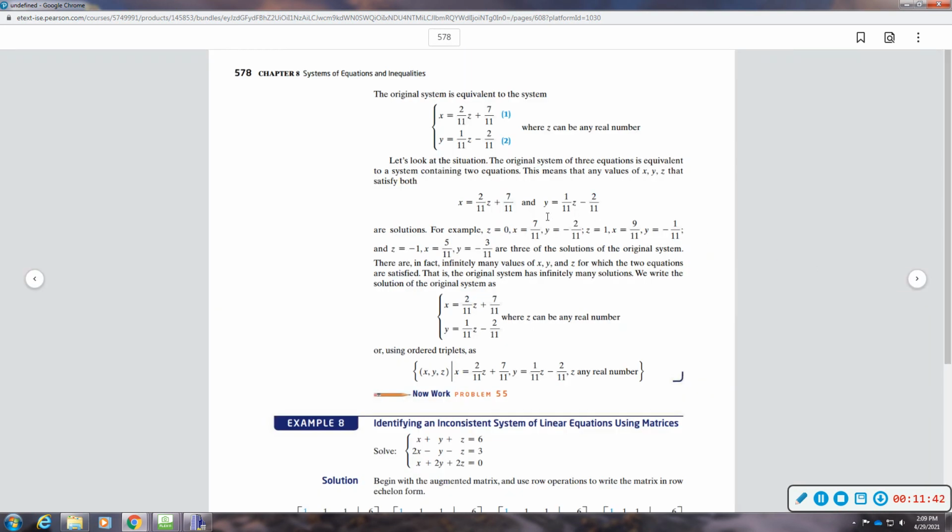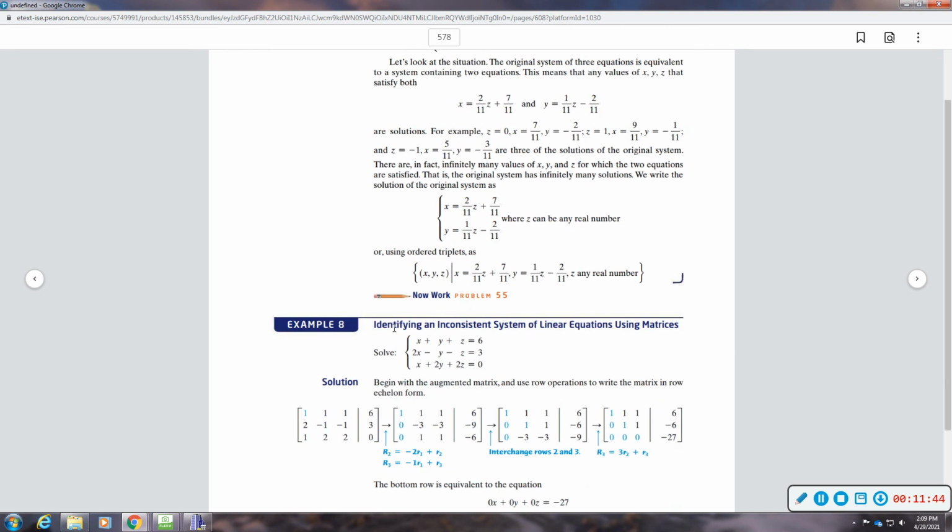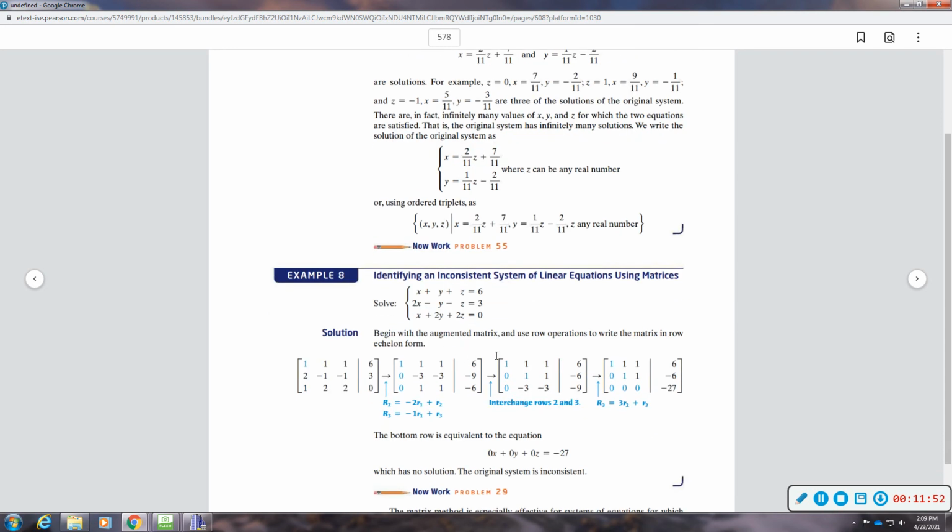And then you also need to be aware of when a system is inconsistent, meaning there's no solution. So again, as you're going through the row echelon form and you're reducing it and trying to get ones down the diagonal, notice the bottom row is zeros, but you have a number on the other side, which is different. So it's like saying 0 plus 0 plus 0 is -27. This is not consistent. This is not true.